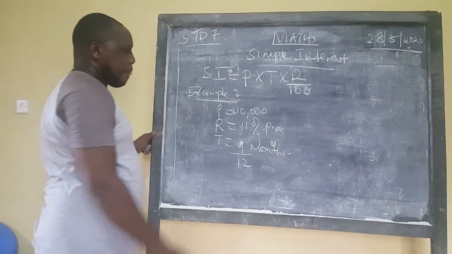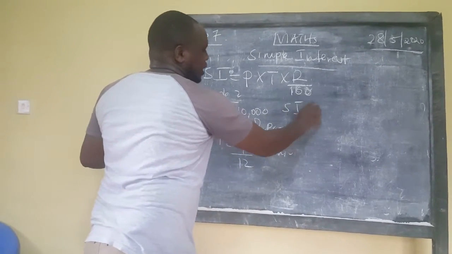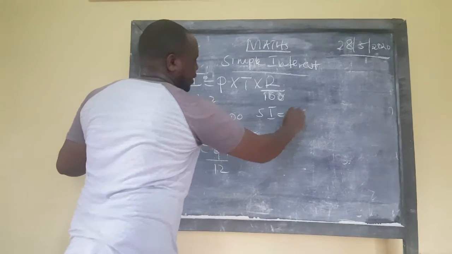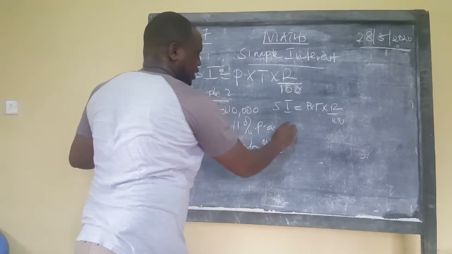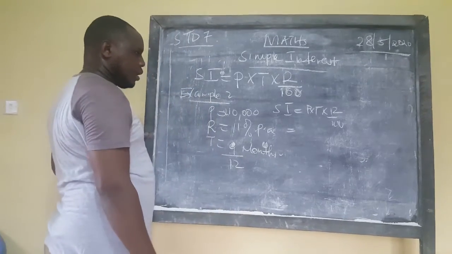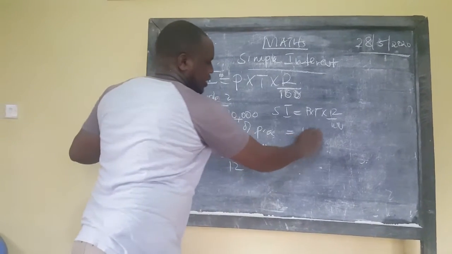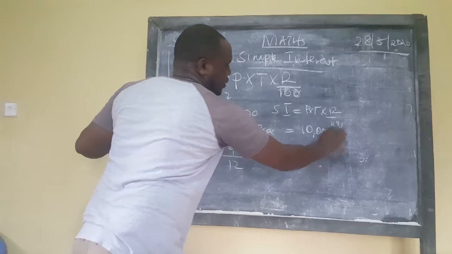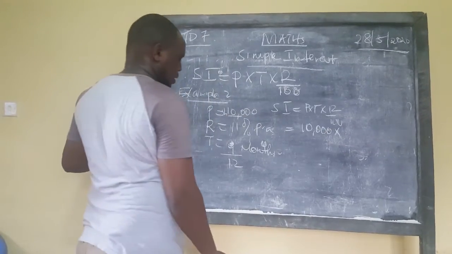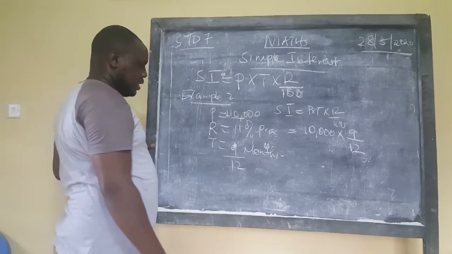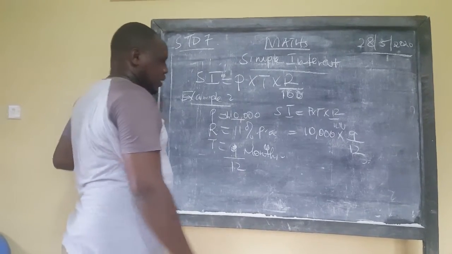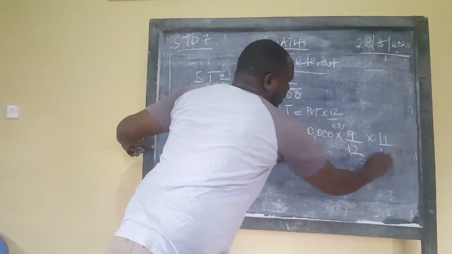So you say simple interest is equal to principal times time times rate over 100. The principal is 10,000. What is the time? The time is 9 over 12, to make it a year. Then the rate, 11 over 100.